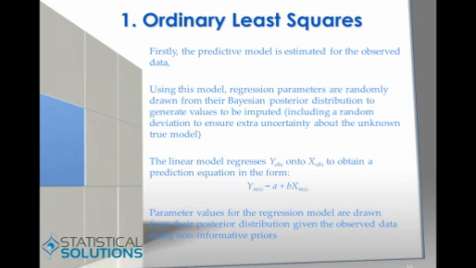A linear regression model regresses the observed outcome variable onto the observed covariates to obtain a prediction equation: the missing component of the outcome variable equals some intercept plus beta times the missing component of the covariates. The parameter values are drawn from the posterior distribution given the observed data using non-informative priors.